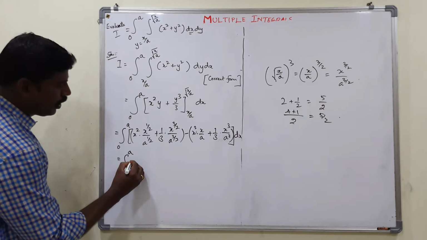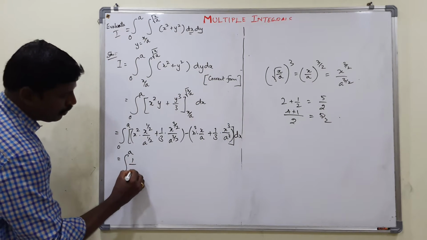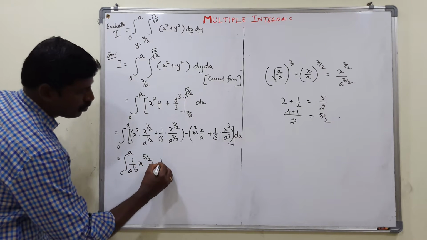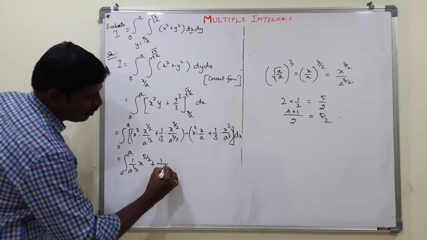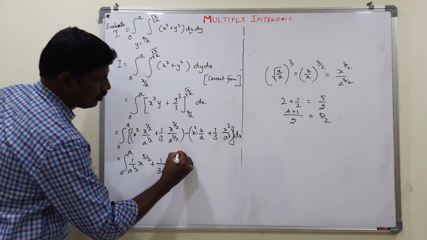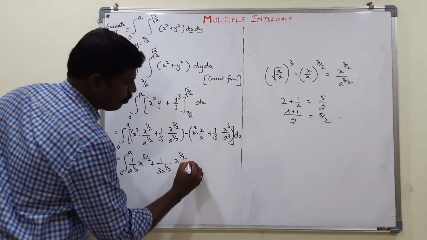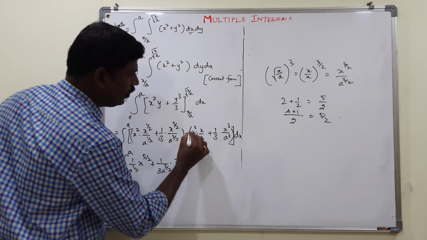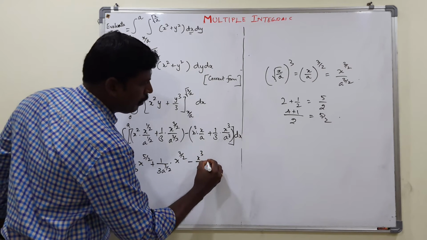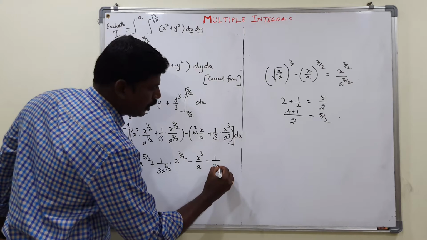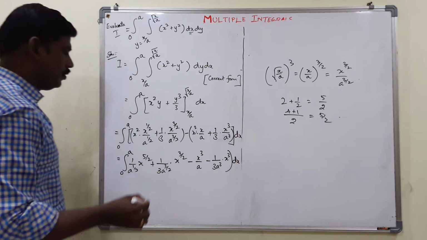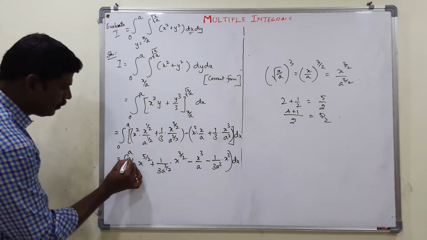So 1 by a power 1 by 2 into x power 5 by 2, plus 1 by 3 into a power 3 by 2 into x to the power 3 by 2, minus, multiplying that minus inside the bracket, x cube by a minus 1 by 3 a cube into x cube, into dx. That's all. Now I am going to integrate it.